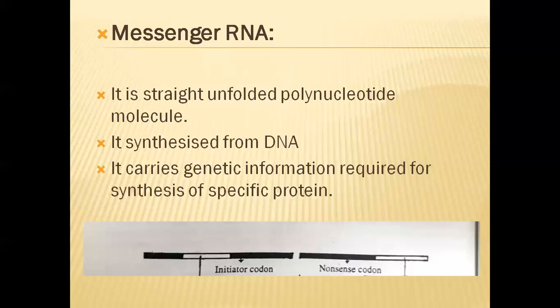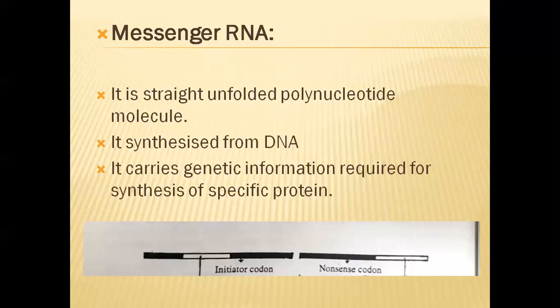So this mRNA has genetic information in the form of triplet codons. Each codon codes for an amino acid.